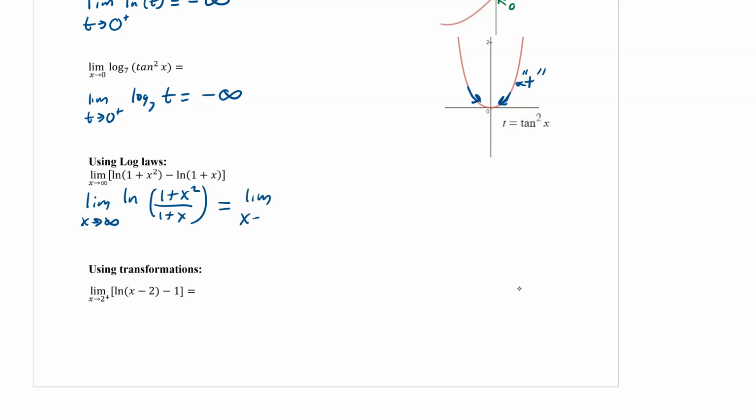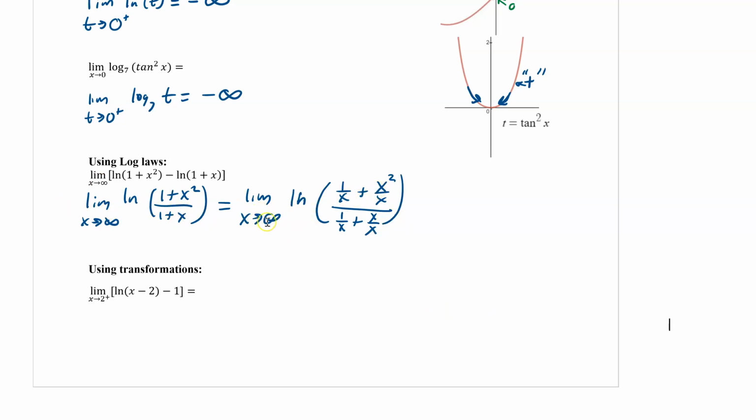And we get the limit as x approaches infinity, and we're going to divide them all by x. So 1 over x plus x squared over x plus 1 over x plus x over x. Remember, we always divide by the denominator's degree of that polynomial. So that would be x in this case.